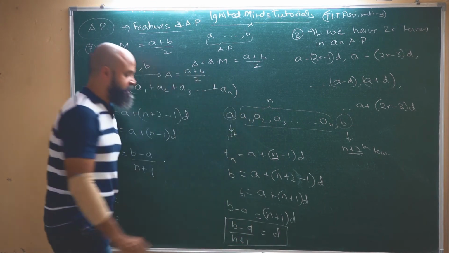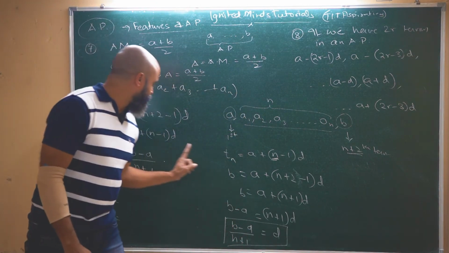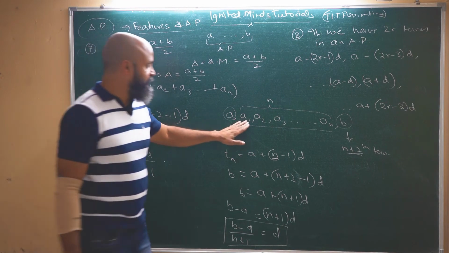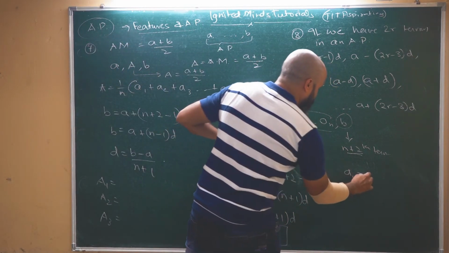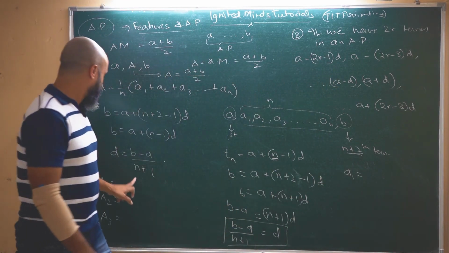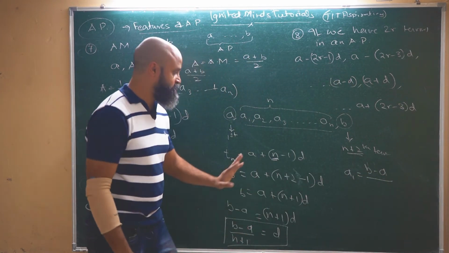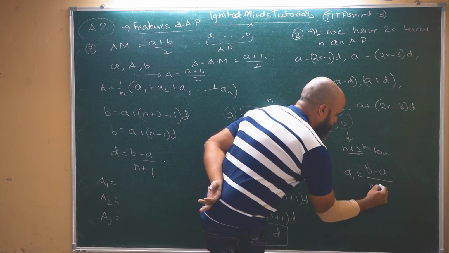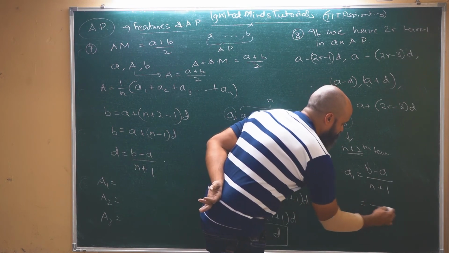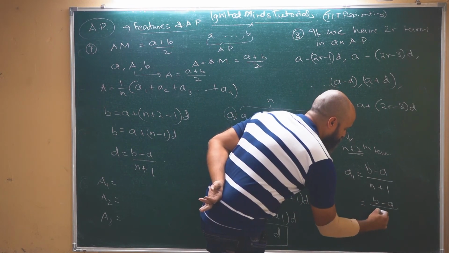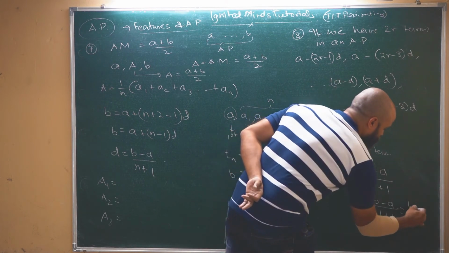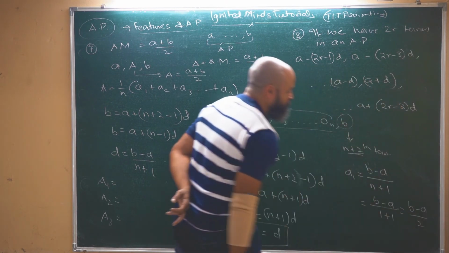Now this formula can be used to calculate any term here. If we have to calculate A1, A1 will be B minus A upon n plus 1. Since n is 1, we have B minus A upon 1 plus 1, that's equal to B minus A upon 2.